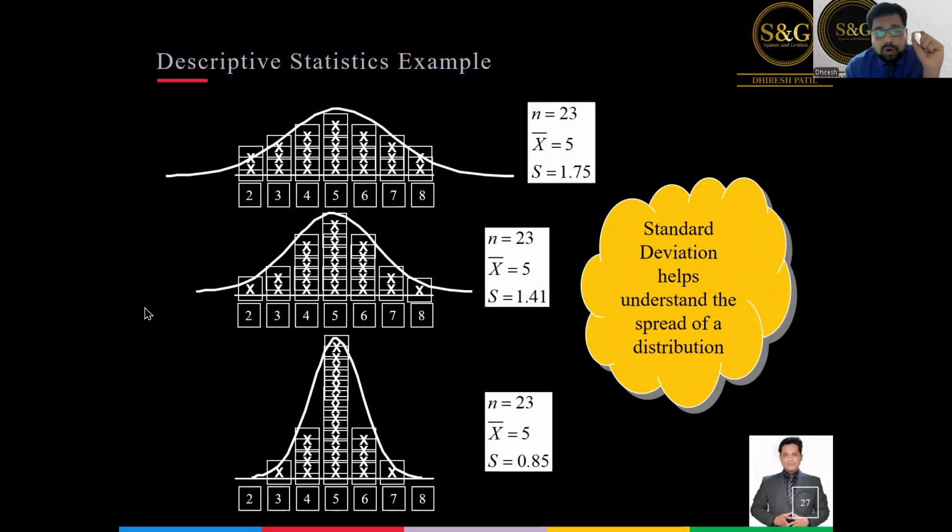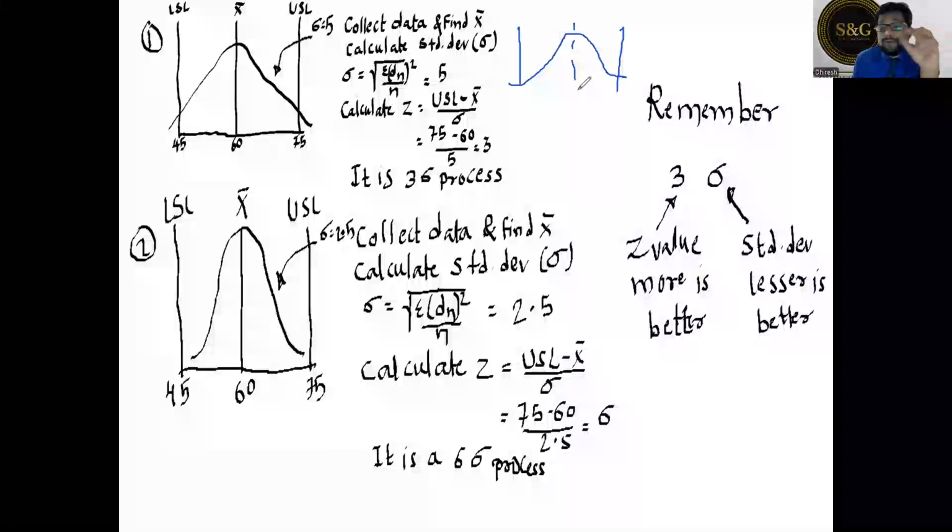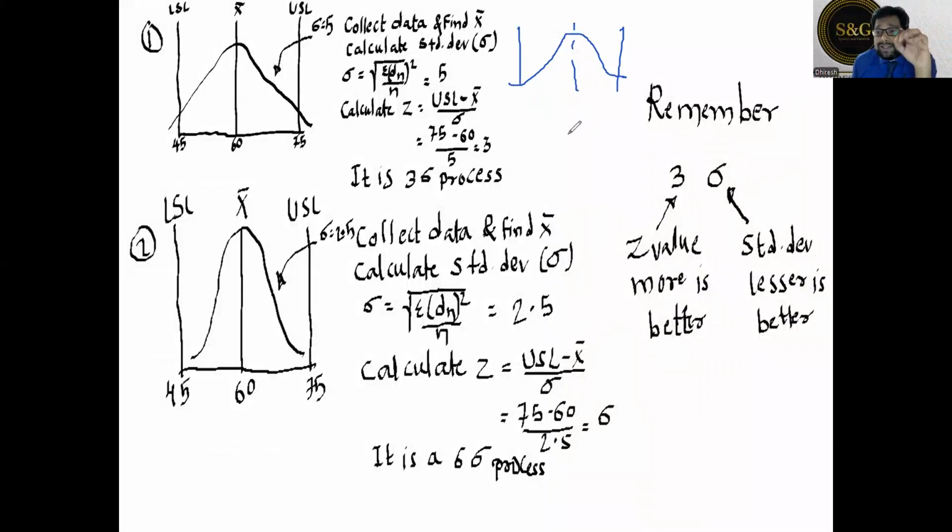Now let's come to process capability, where we require specification limits. Now look at this. Earlier we only had this much. Now we are introducing the specification limit and checking whether my process is capable or not.